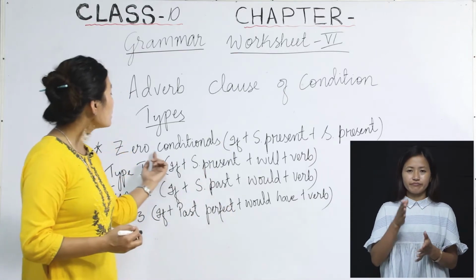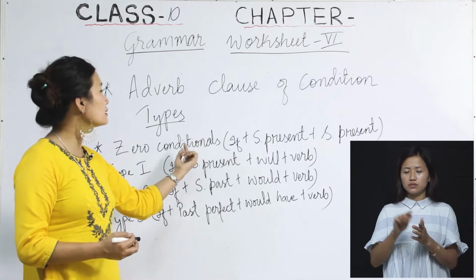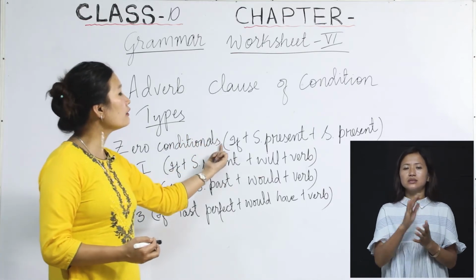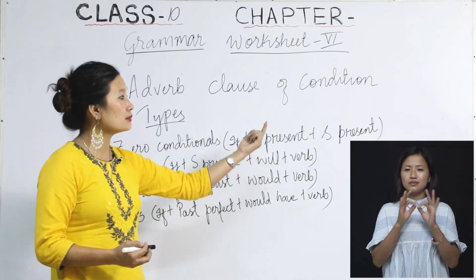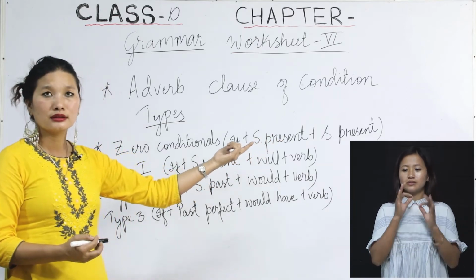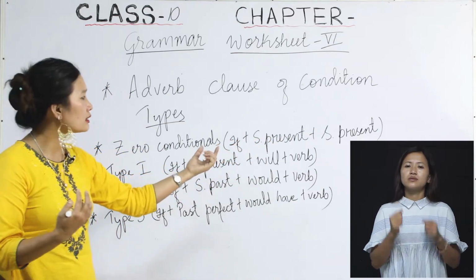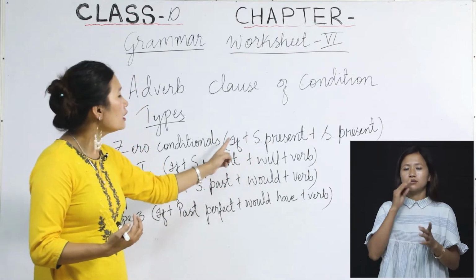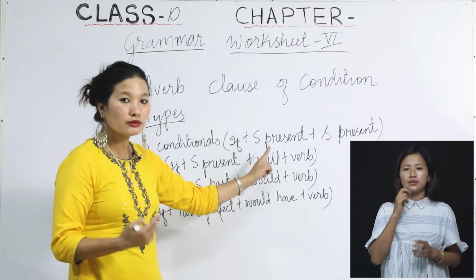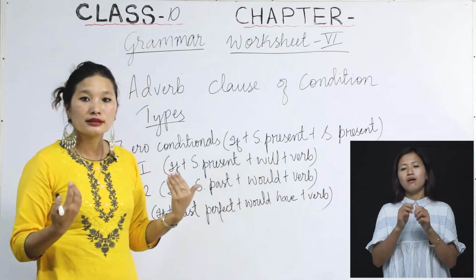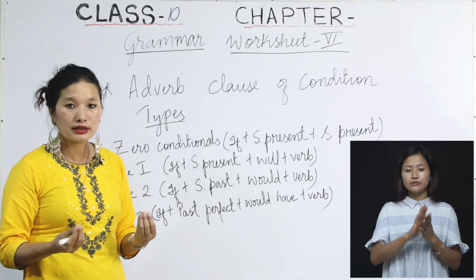Okay, zero conditionals. The formula for writing a zero conditional clause is if plus simple present plus simple present. It's difficult to understand like that, so I'm going to explain it to you. If an apple falls, the word falls tells us that it is a simple present tense, right?